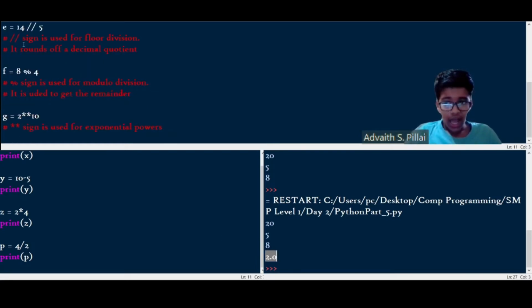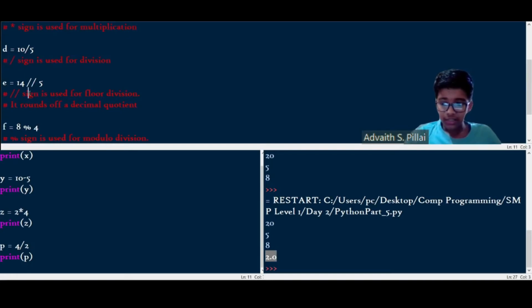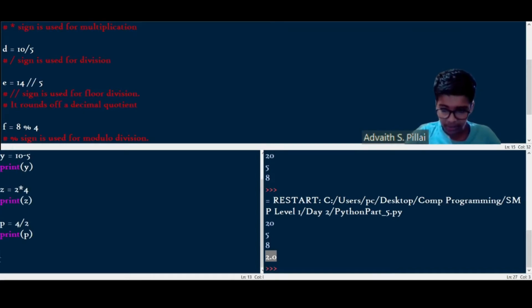Okay guys, and now let's look at the floor division operator, which is two forward slashes. It rounds off a decimal quotient. So let's use it and check what it actually means. Let's take a variable q, and take the example 14 floor divided by 5, and then print q and run it.